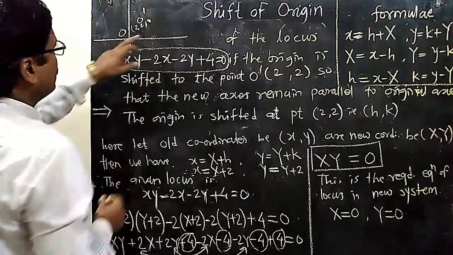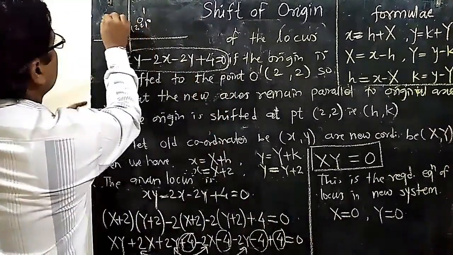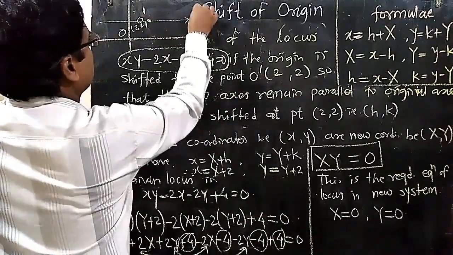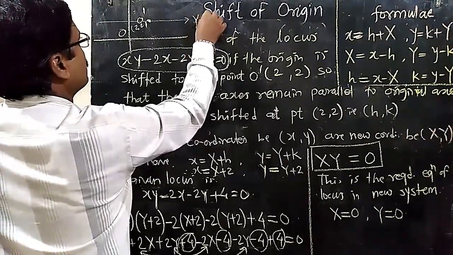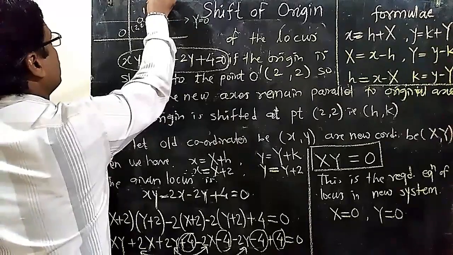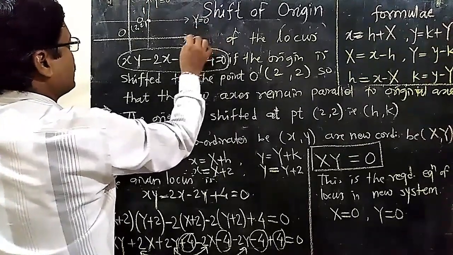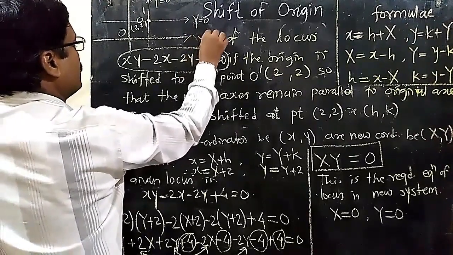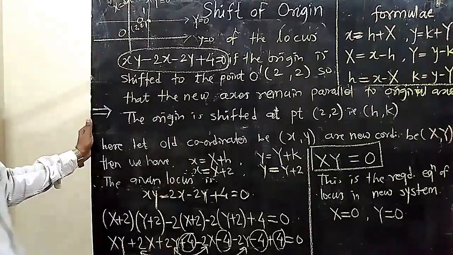At this origin O dash, capital Y = 0 is the new x axis. This is capital X axis, and this is the capital Y axis. This is our axis, but its equation is small y = 0, and the equation of y axis is small x = 0.